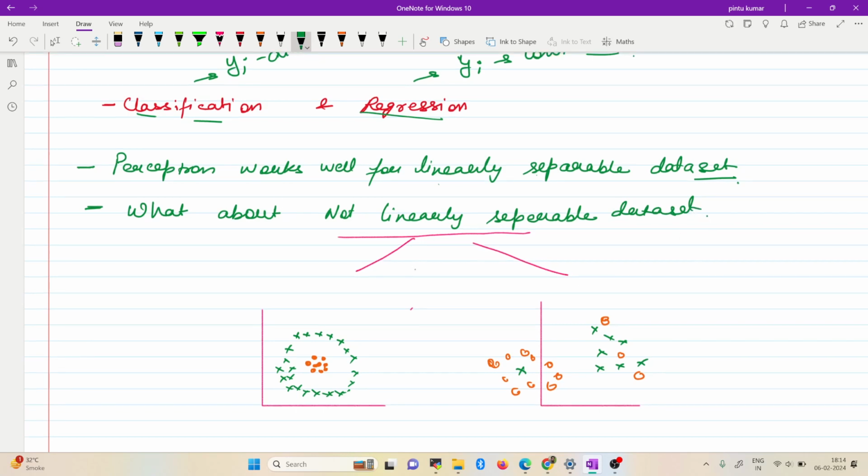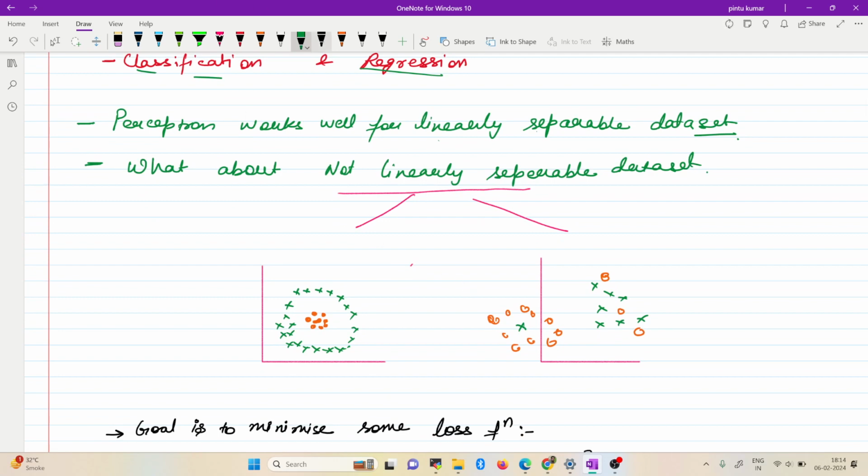Further, these not linearly separable data sets can be classified into two categories. One is where your data set is separable, but can't be separated by a linear classifier.